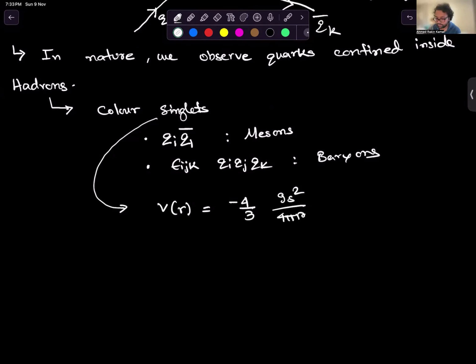I'm sorry, in baryons you have three fermions in a bound state. Does that not violate the Pauli exclusion principle? Why? Can you think when they would violate the Pauli exclusion principle? If they have the same type, right?